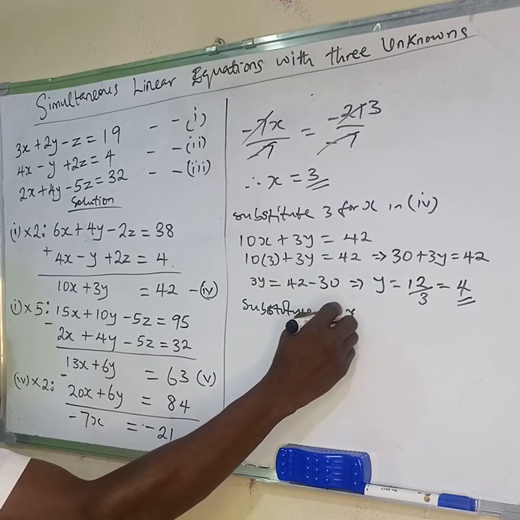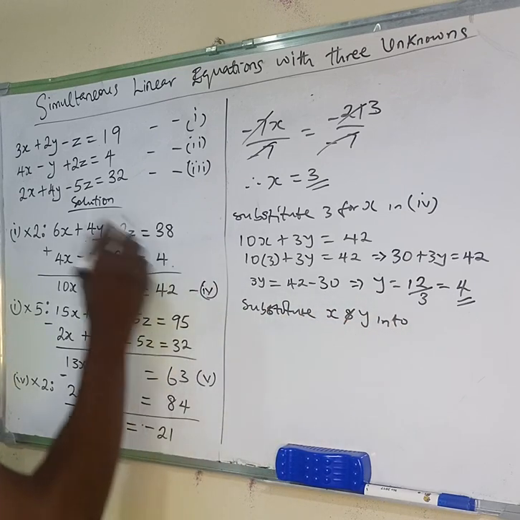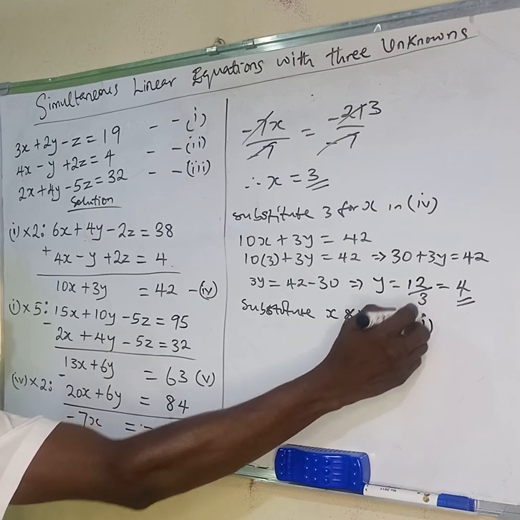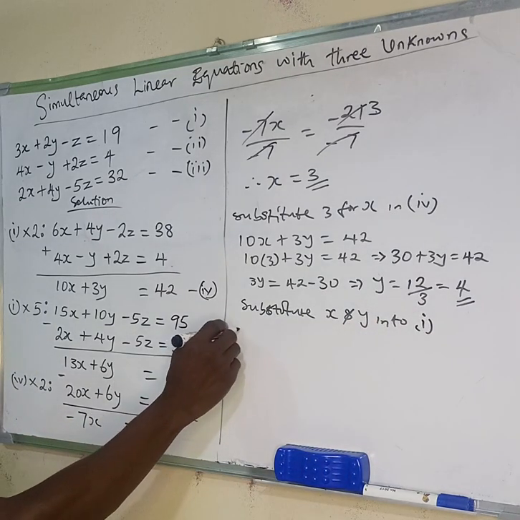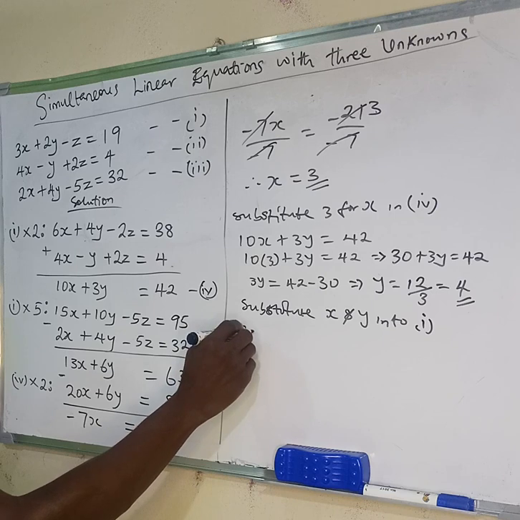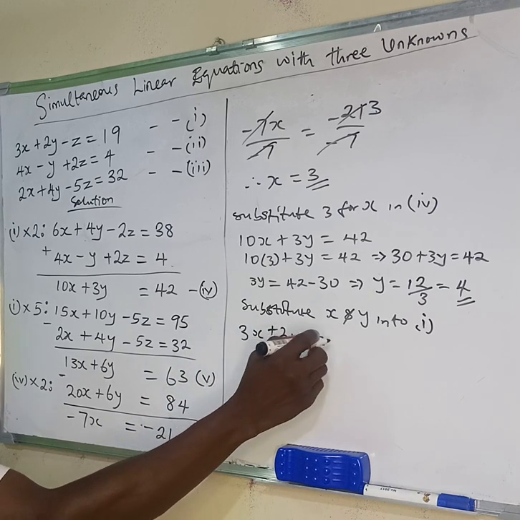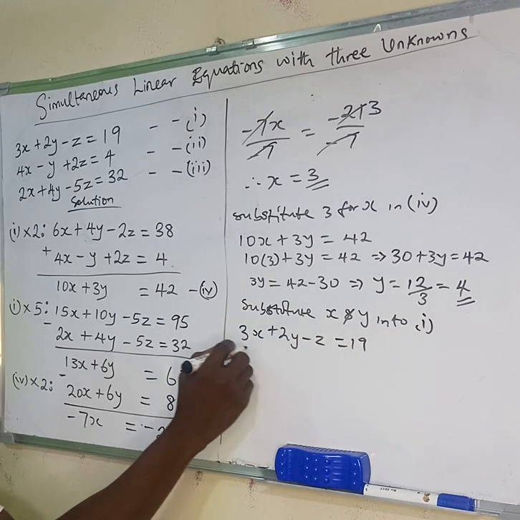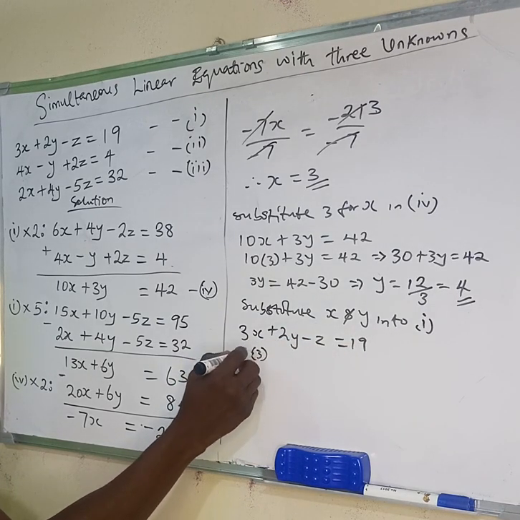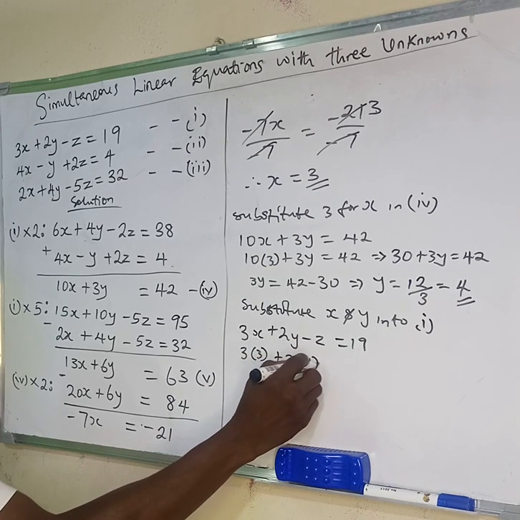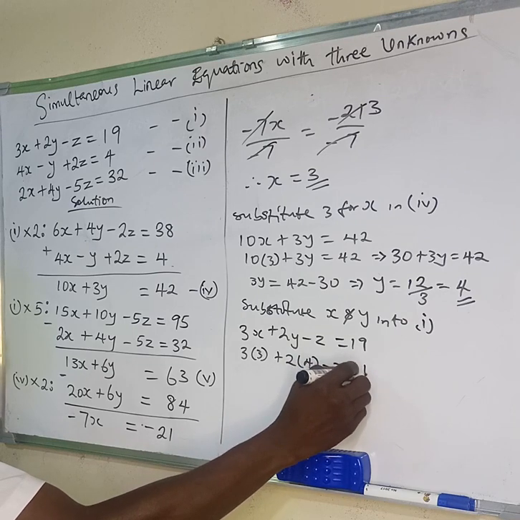All right. So we're going to substitute x and y into any of the original equations. So let's substitute into equation 1, which is I. It says 3x plus 2y minus z is equal to 19. So 3 into 3, because x is 3, plus 2 into 4, because y is 4, minus z is equal to 19.